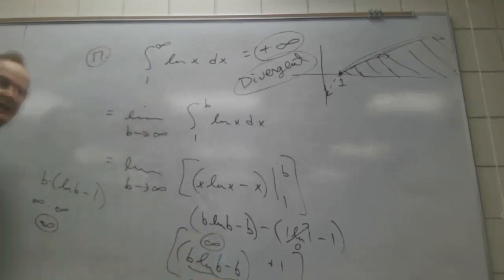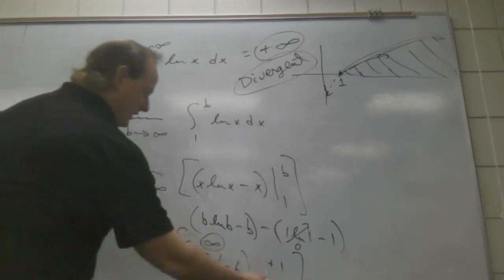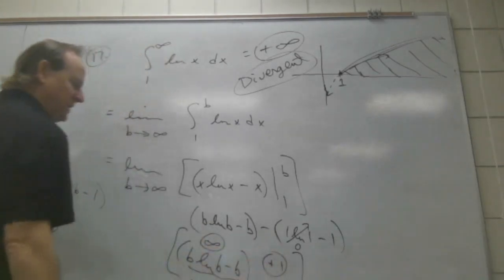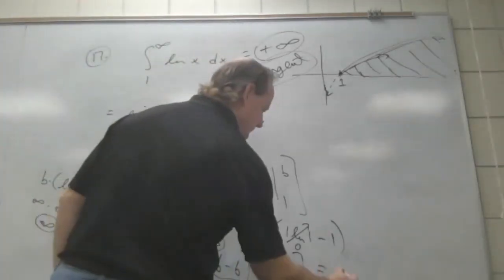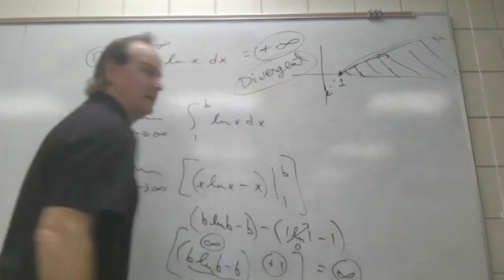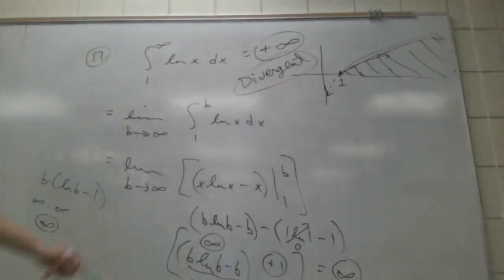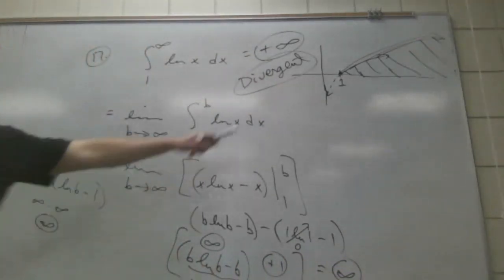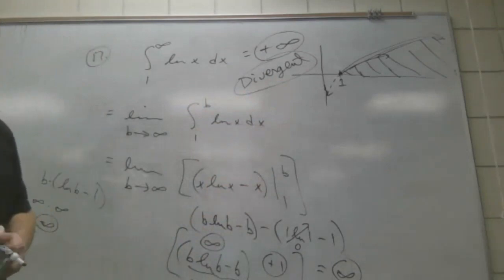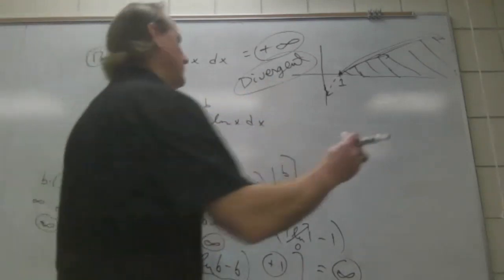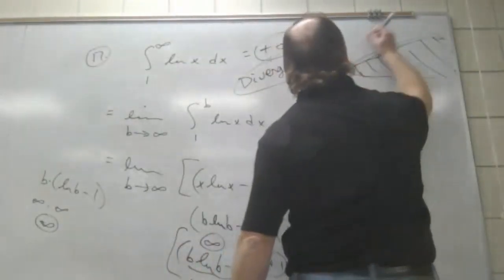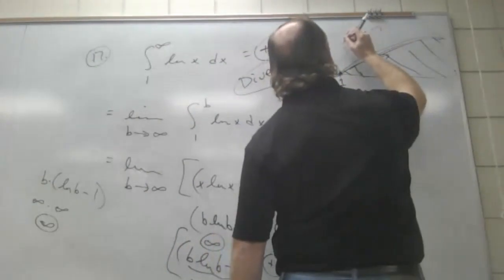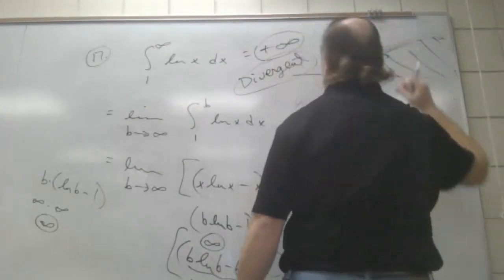So I couldn't figure it out if I leave it as infinity minus infinity without looking at graphical methods. And then plus 1. So it's infinity plus 1, which is what? Infinity. So there's the analytic way to come up with it. This was the graphical way. I will tell you this, if I have y equals x, what's that look like? y equals x is right here.